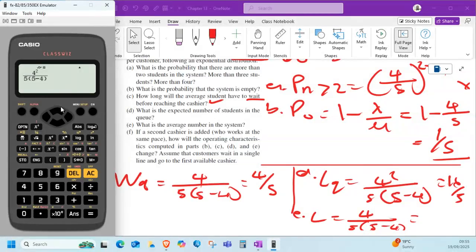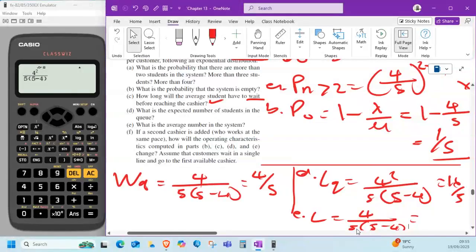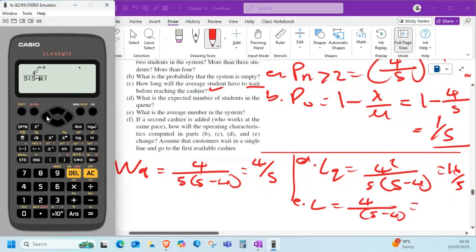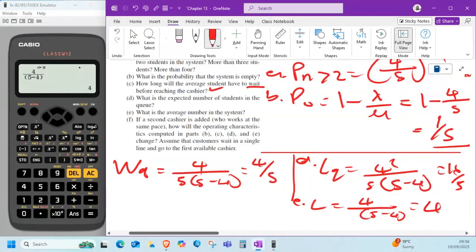I was looking for WQ. Okay, so we do not have the 5 here. I could tell why the formula is looking the same. Yeah, it's like this. Then that is 4. There are 4 customers in the system.